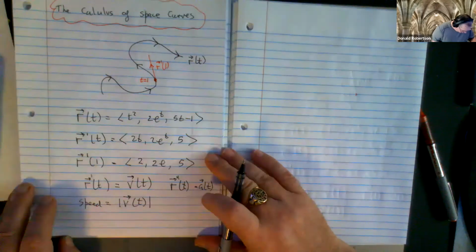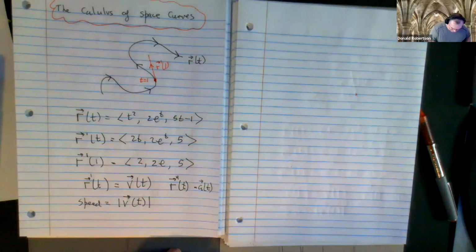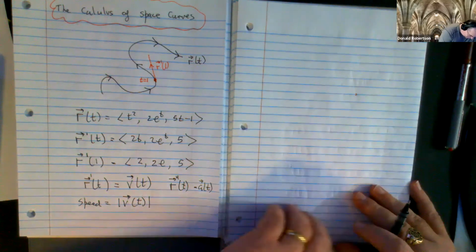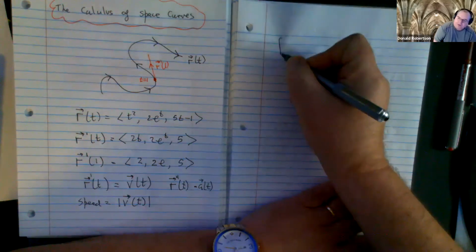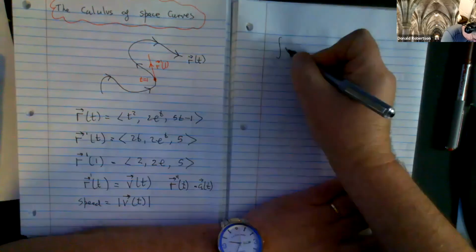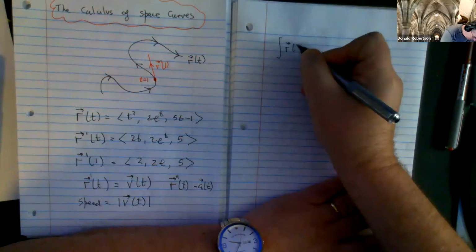Now, almost everything we're going to do with these space curves is going to be connected to derivatives. But for completeness' sake, we should integrate one, shouldn't we? Must be possible. So here is the notation.